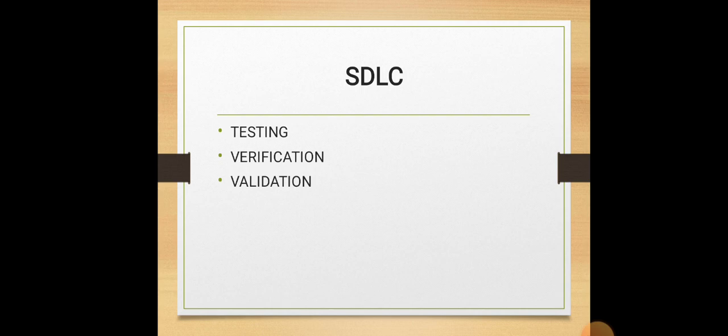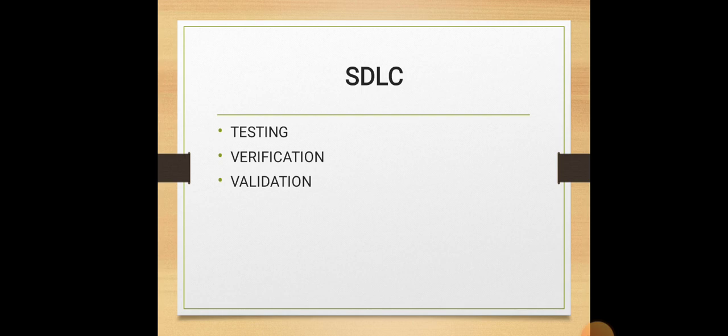Verification is the process of evaluating a system or component to determine whether the product of a given phase satisfies the conditions imposed at the start of that phase. Simply said, verification is where we verify the content that has been given by the customer.